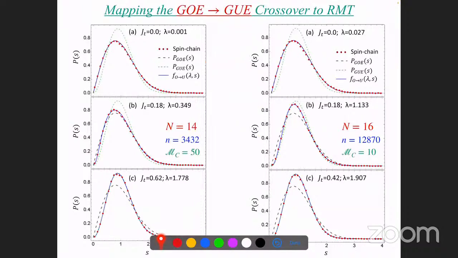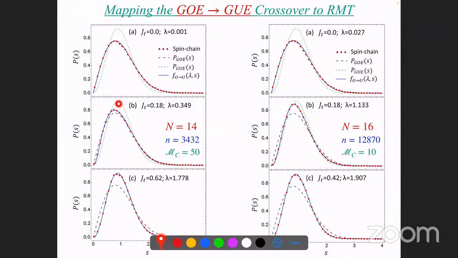So we again see that there is very good agreement all over the crossover, even better now compared to what we had in the Poissonian to GOE. So again, the red ones are the spin chain results. These two, GOE and GUE, are given by the black and the green lines, and this blue is the interpolating one. So first you start here, it's already in the GOE, and here it has already crossed over to the GUE.